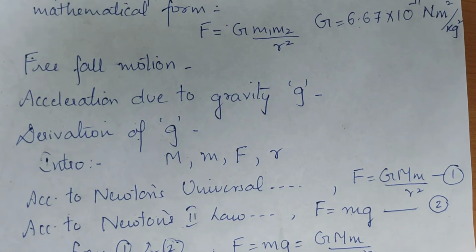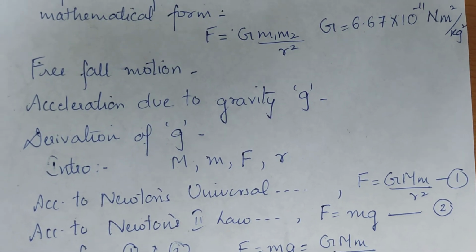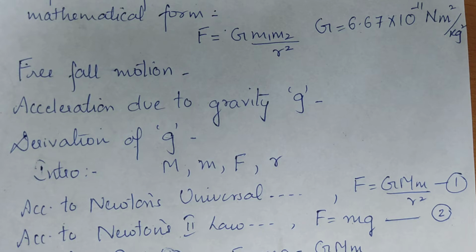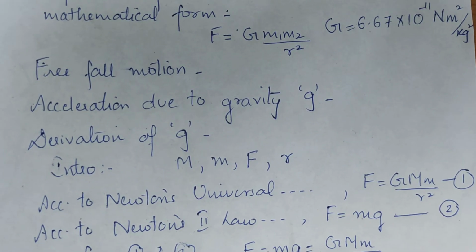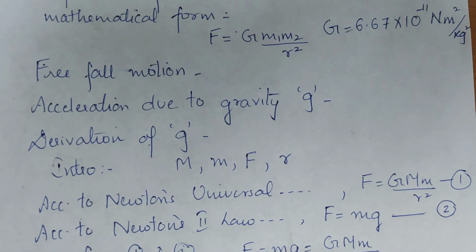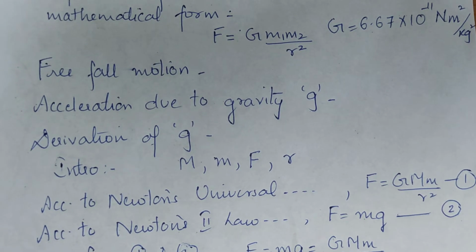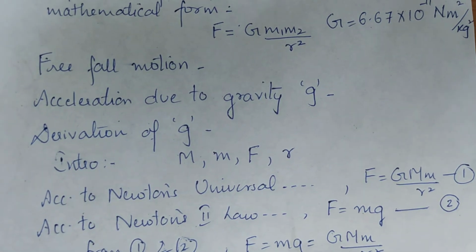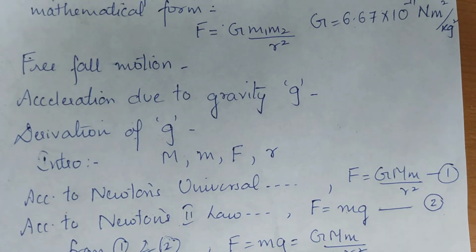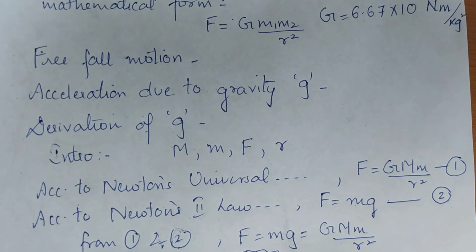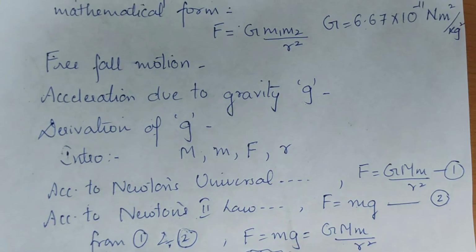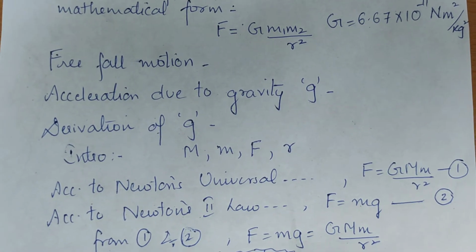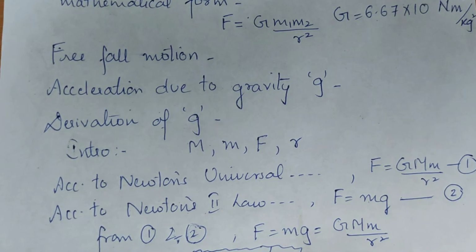If this body is allowed to fall freely, we know acceleration produced in this body will be acceleration due to gravity, since we are assuming that only force of gravity is acting on the body. So F is mg, number this as 2, and you should also mention where small g is acceleration due to gravity. Similarly, you should mention in the first equation that capital G is the universal gravitational constant.